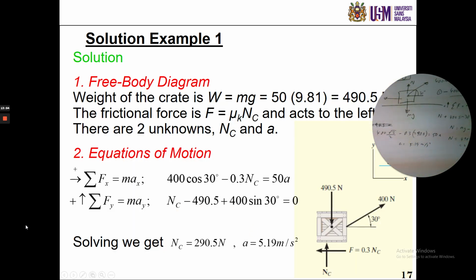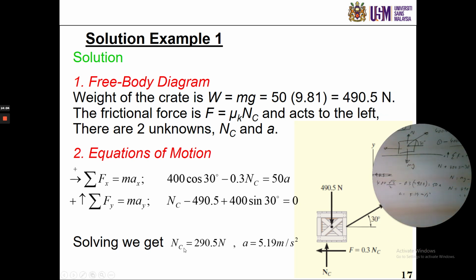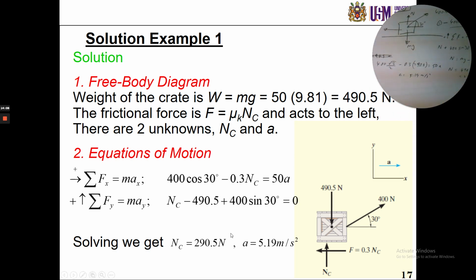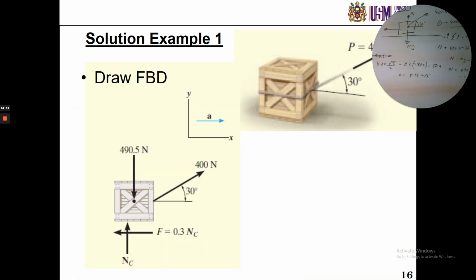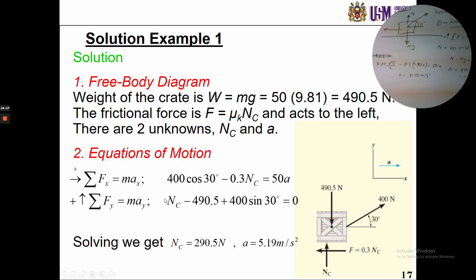So we set up two equations of motion in the x and y directions, and from there we can solve for N_C and also A. But the question was asking about the velocity of the crate at 3 seconds.